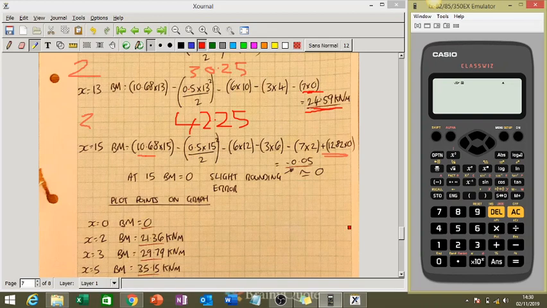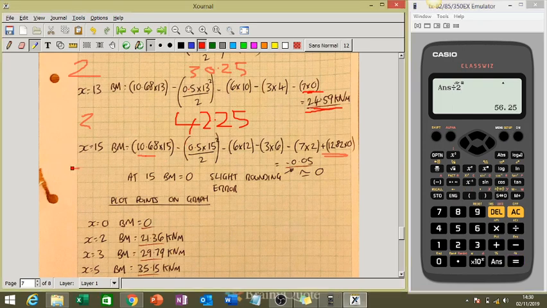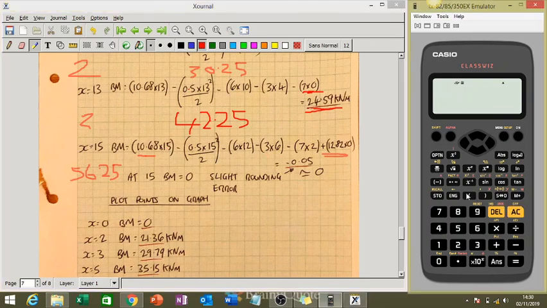So 15 squared, let's do it again, times by 0.5 equals that. Divide by 2. Gives me a number, 56.25. Put all that in. 10.68 times by 15.